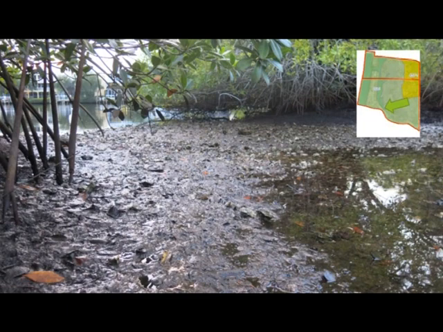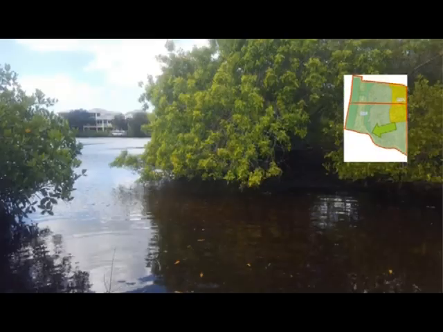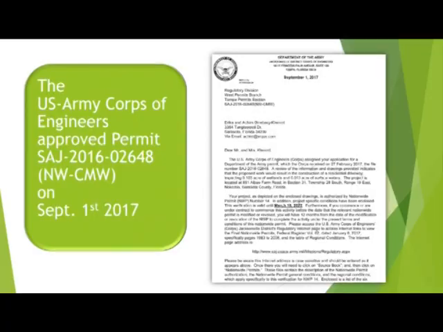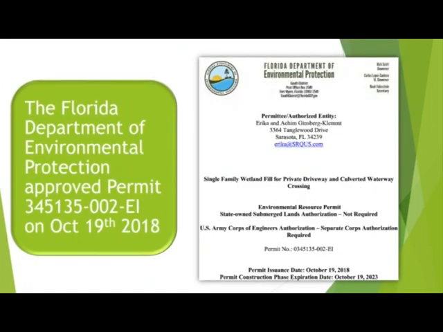The driveway is the piece, as already mentioned, that will have some wetland impacts that the U.S. Army Corps of Engineers and the Florida Department of Environmental Protection have looked at and have signed off on and are issuing a permit.